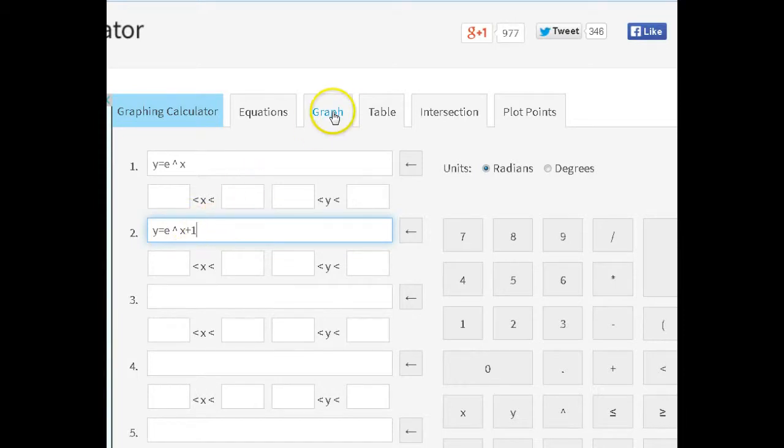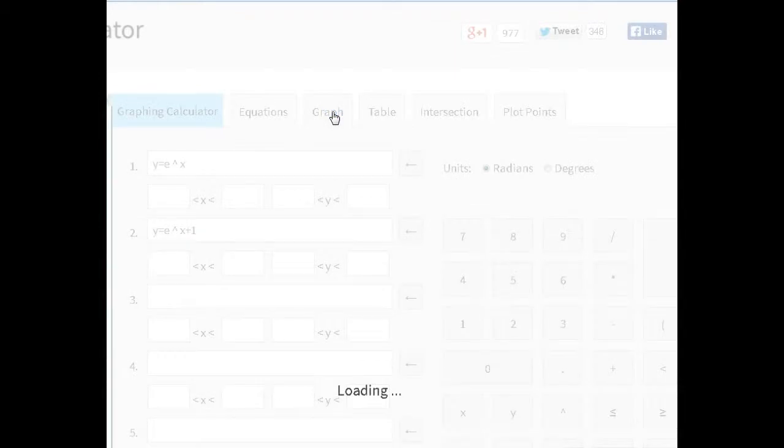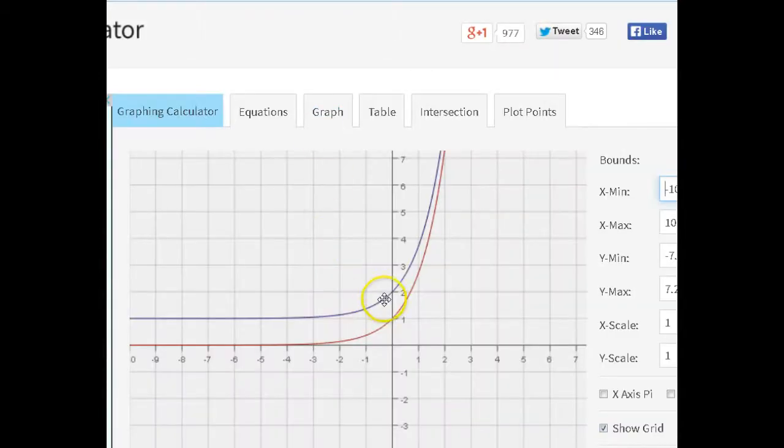And the answer is, it moves it up, because the red was our original line. Now, plus 1, and let me give you some new vocabulary here, or review the old. On the first one we did, the x asymptote was your y-axis.